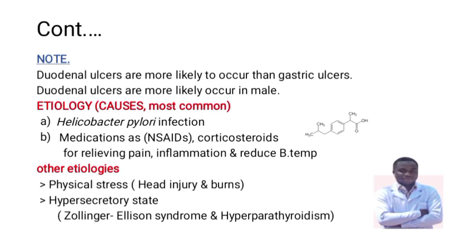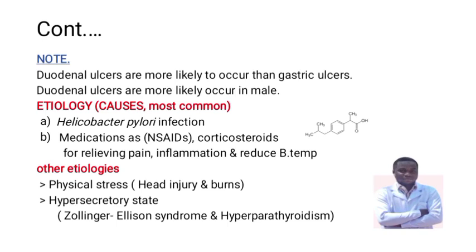The Zollinger-Ellison syndrome is caused by a gastrinoma, a neuroendocrine tumor located in the duodenum, and the secretion of abnormal gastrin. Here in the Zollinger-Ellison syndrome, there is an increase in hydrochloric acid secretion which overwhelms the defense mechanisms and allows an ulcer to develop in the first portion of the duodenum.